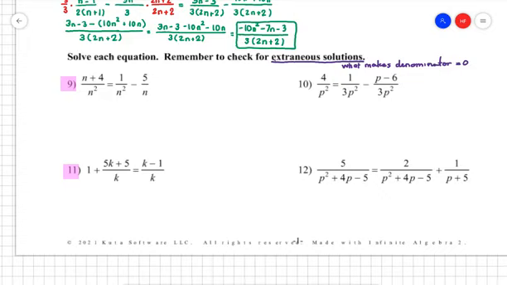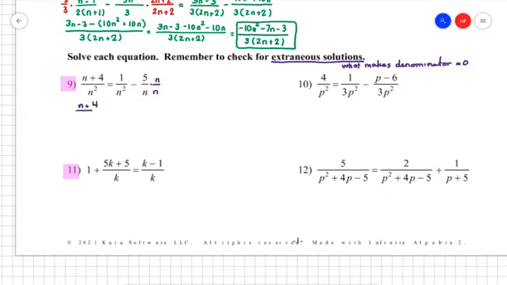now we need to solve. So if we need to make a common denominator, then we do need to work with a common denominator. So like on number 9, we have this 5 over n that needs to change to have an n squared. So we'll multiply by n over n, because I know that's going to take me to an n squared on the denominator.